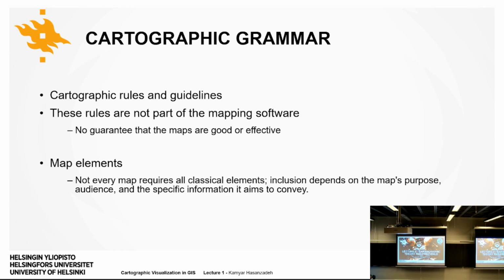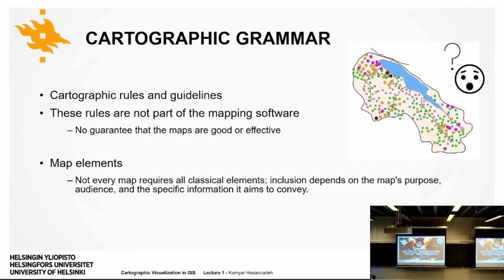Very often it's the case, but it really depends on the kind of map. It doesn't mean that you should just by default put a north arrow in every map you produce, or that every map you produce needs to have a title. So map elements are important, but it's also important to know which map elements you should include, not just put in everything that is available to you.